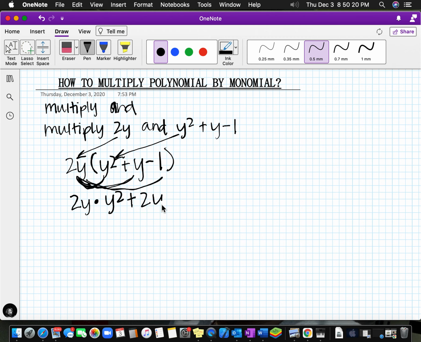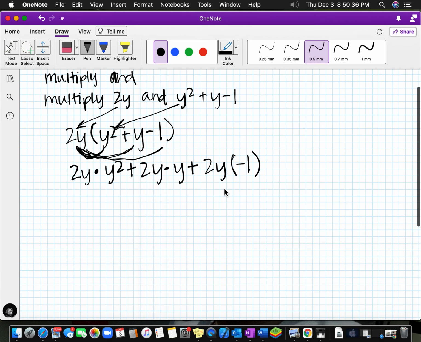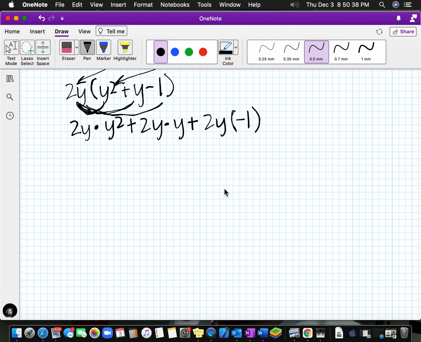So 2y times y, and we're going to bring that minus down. Well, actually, we could write an addition sign: 2y times negative 1. And you'll see why I wrote it as an addition sign. This is where our product of powers comes in.